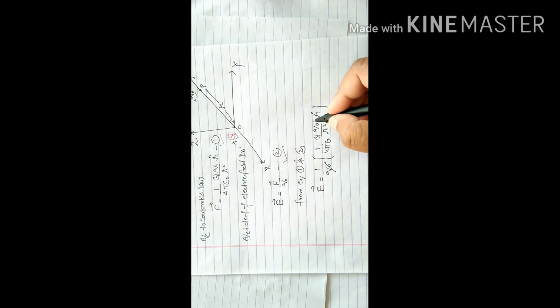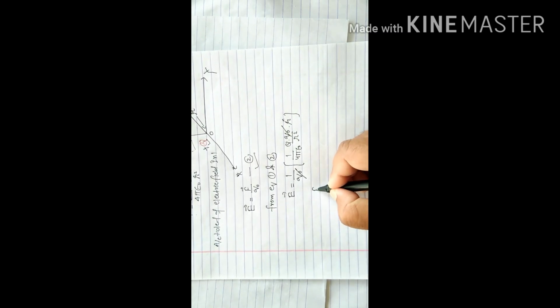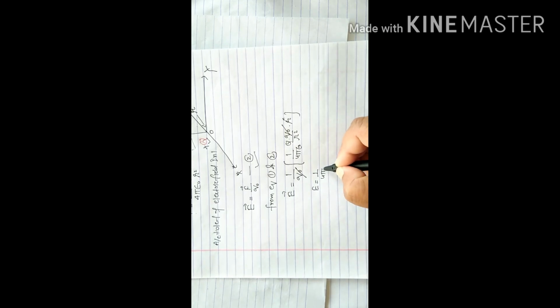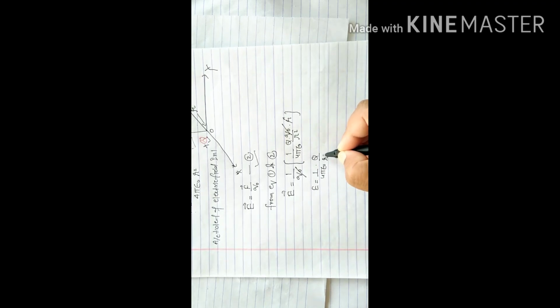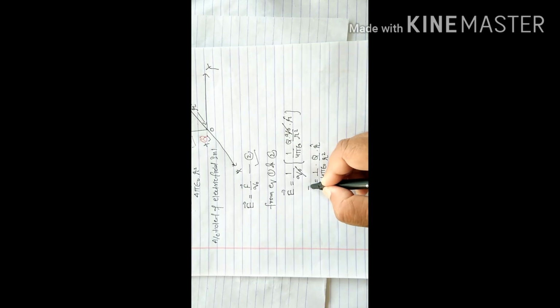So this Q naught will be cancelled out. E is equal to 1 upon 4 pi epsilon naught Q by r square into r cap, which is the required expression.